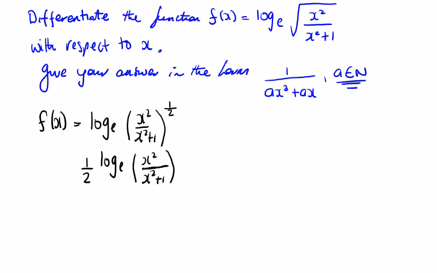Now we can apply the division of two logs rule, and the division of two logs is one log take away another log. So we're going to have a half times log to the base e of x squared minus log to the base e of x squared plus 1.